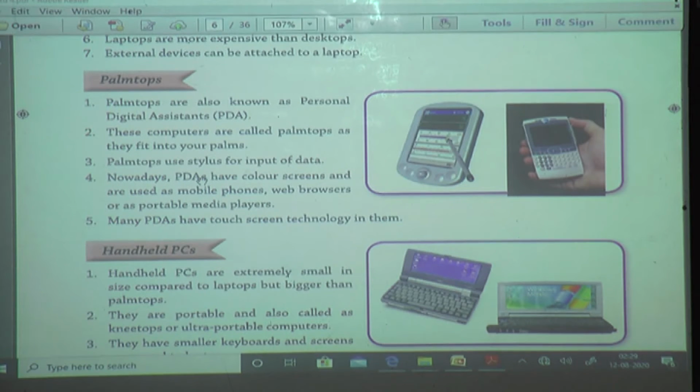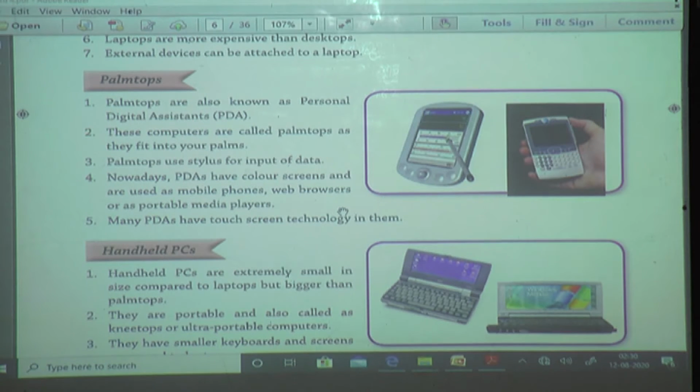Nowadays PDA means personal digital assistants. Palmtops have a color screen and are used as a mobile phone. Before, mobiles were also black and white, only keyboard mobiles, but nowadays we have Android or touch screen mobiles.